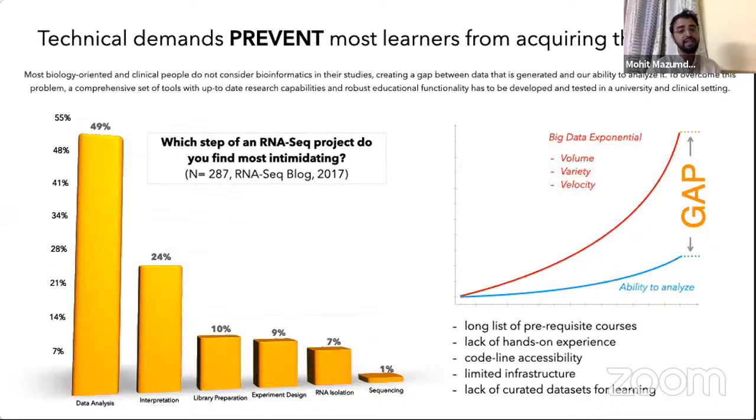Oftentimes, clinicians, biologists, and students from a life science background report challenges with data analysis and interpretation that are holding them back and limiting their ability to rely on advanced technologies such as genomic sequencing, which we could incorporate in our studies and research, and that could actually give us a really bright, clear picture of what is going on.